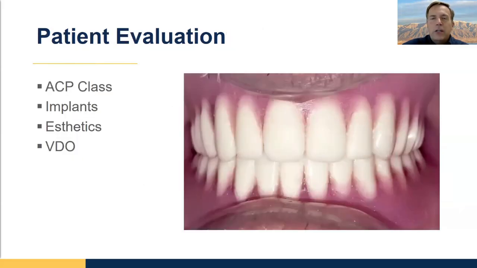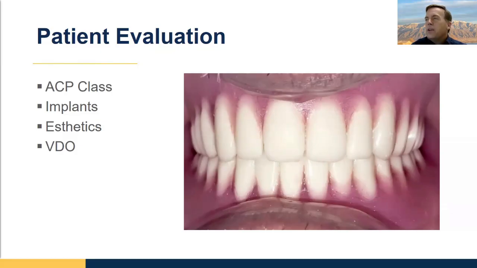So, patient evaluation. One of the cool things about this is you're going to use the same technique that you learned last time for evaluating your patient. You'll look at the ACP class and decide, do I want to treat this person or not?